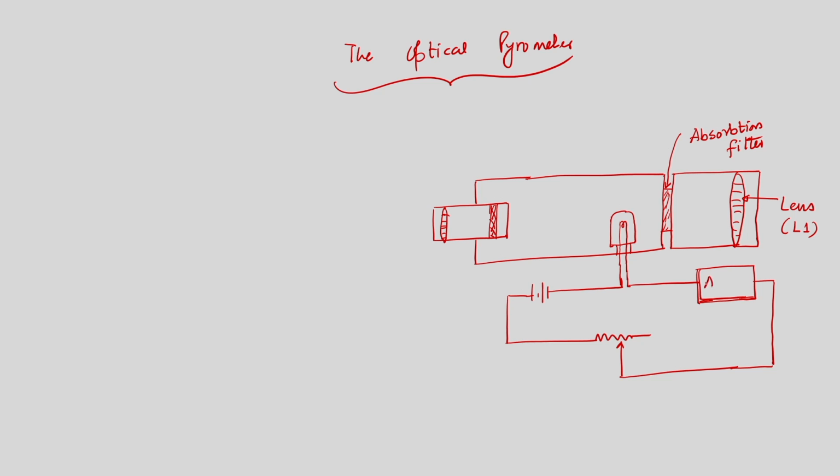This is the ammeter, and this is the standard lamp. This part is known as the red filter, and this is lens L2. And finally, this is known as the eyepiece.